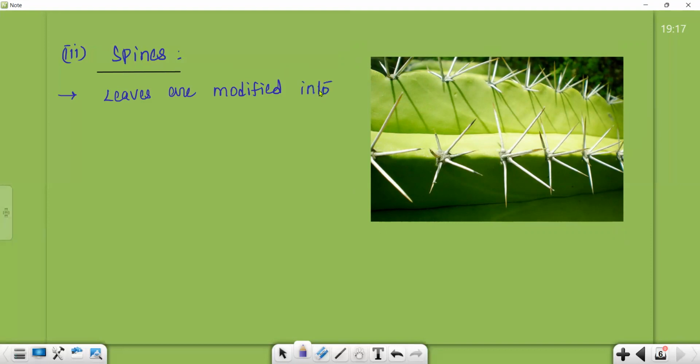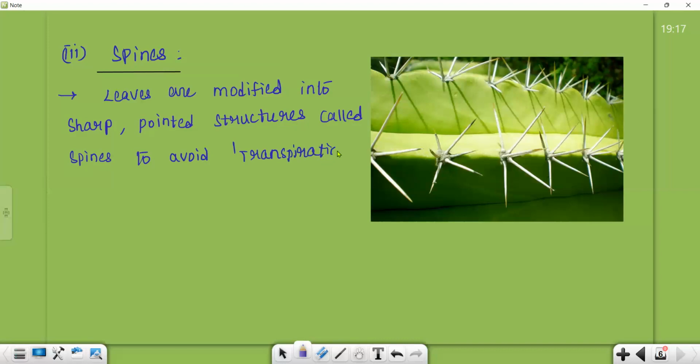Leaves are modified into sharp, pointed structures called spines to avoid transpiration and to protect plants, to protect themselves from grazing animals.